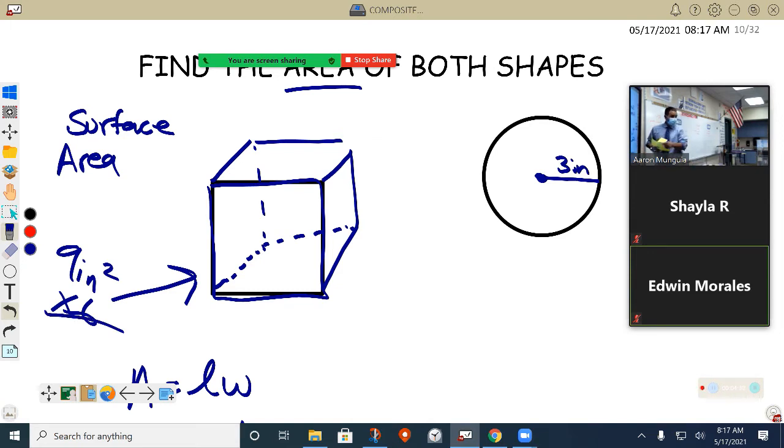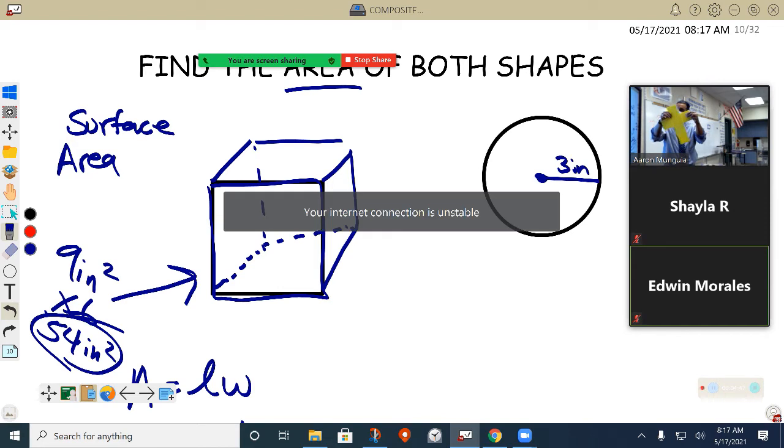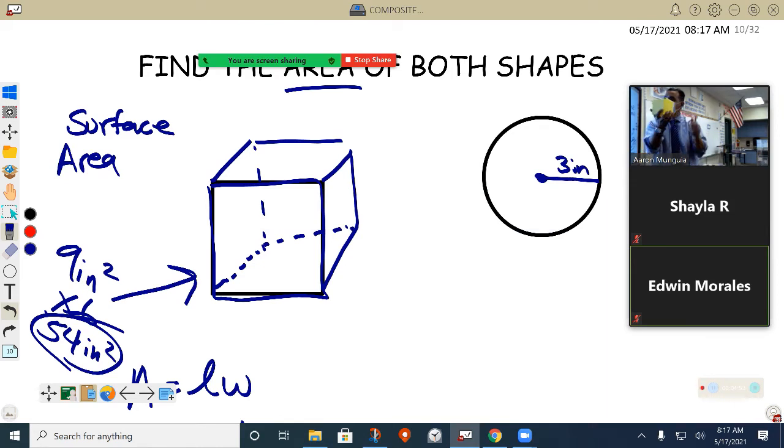And so we're going to have 54 square inches. That's where we're headed today. The notes you're going to take on the videos are involving two-dimensional figures closed in to make a 3D shape. Okay? That's where we're going. Let's go on to the circle real quick.